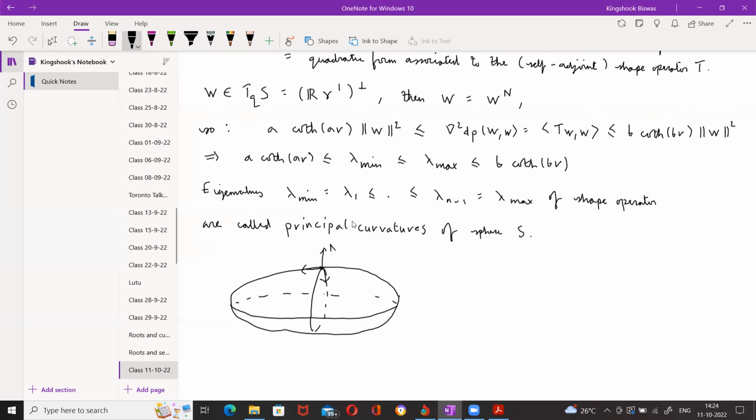This is the normal vector. These will be the eigenvectors of the shape operator. Does this make sense? Yes, sir.